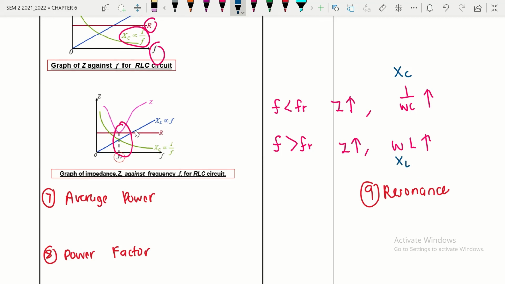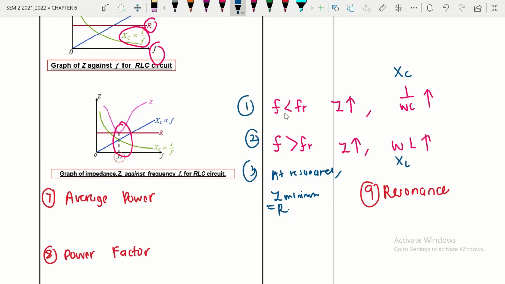Tetapi bila dia at resonance, you punya impedance adalah minimum. Remember, at resonance, impedance you adalah minimum. So, bila dia minimum, maksudnya you punya impedance akan sama dengan you punya resistor. Okay, Z minimum you akan sama dengan R at resonance. Okay, so untuk graph, kita boleh baca 3 benda.